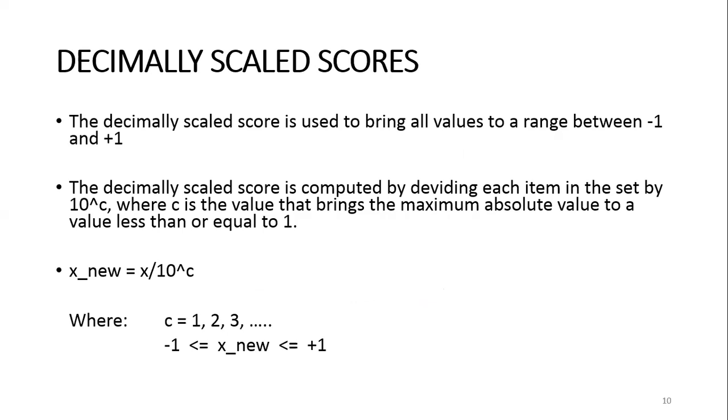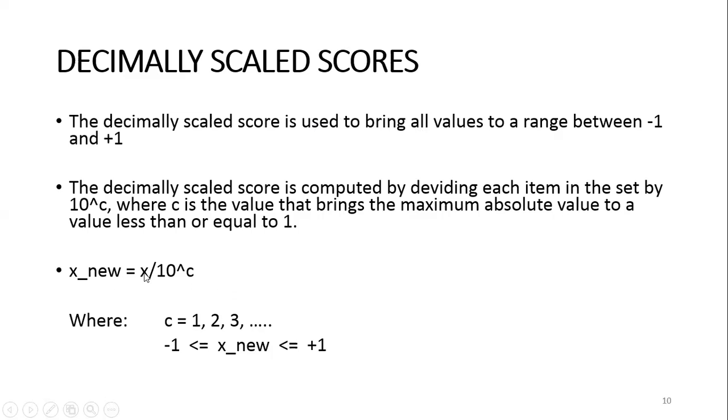Decimally scaled scores are computed by dividing each item in a set by 10 to the power of c, where c is the value that brings the maximum absolute value to a value less than or equal to 1, which is what we did. Decimal scaling is used to bring all values to a range of -1 to +1.